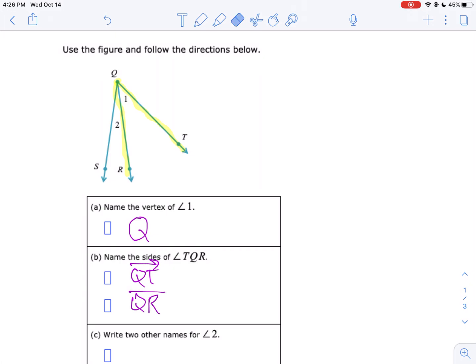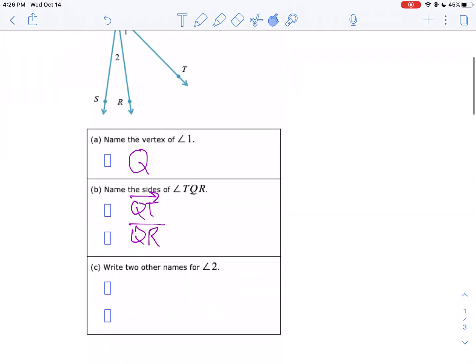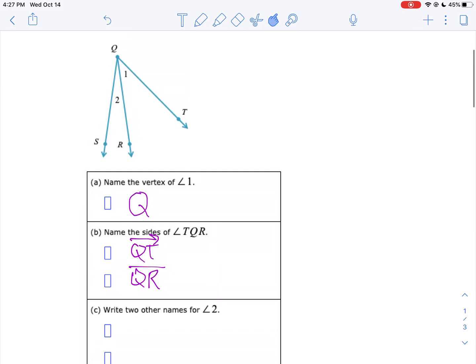I'm going to erase our highlighting for our next question. When we name angle 2, and let me, once again, highlight angle 2 here. You can name the angle, but you have to have the vertex as the middle point. And there's two ways to do it, and they're backwards from each other.